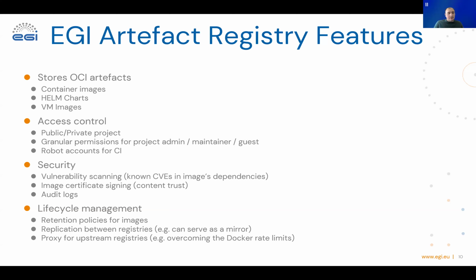And the very nice thing, and I would say it is pretty expected from a platform as such, is that we have robot accounts for use in these automatic pipelines for building the container images. So you can generate a robot account, and you can give it only the permissions you need.